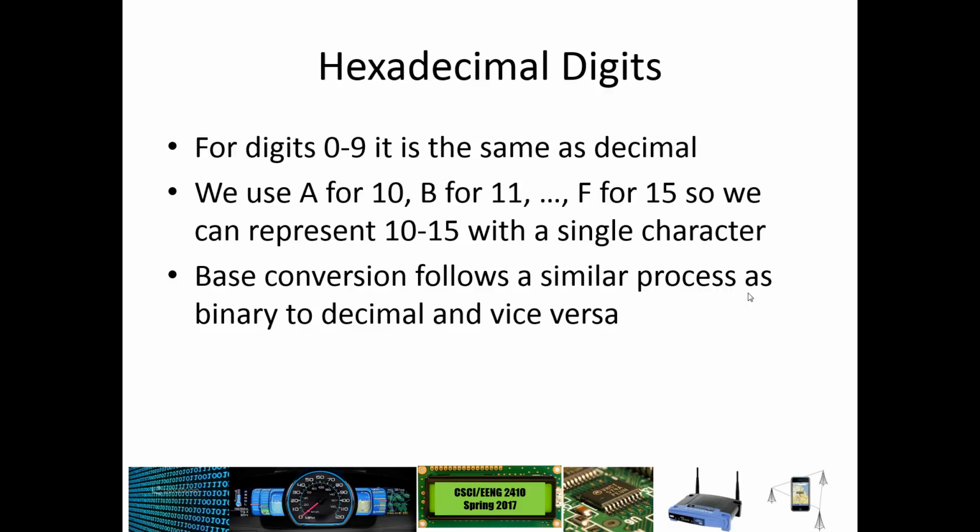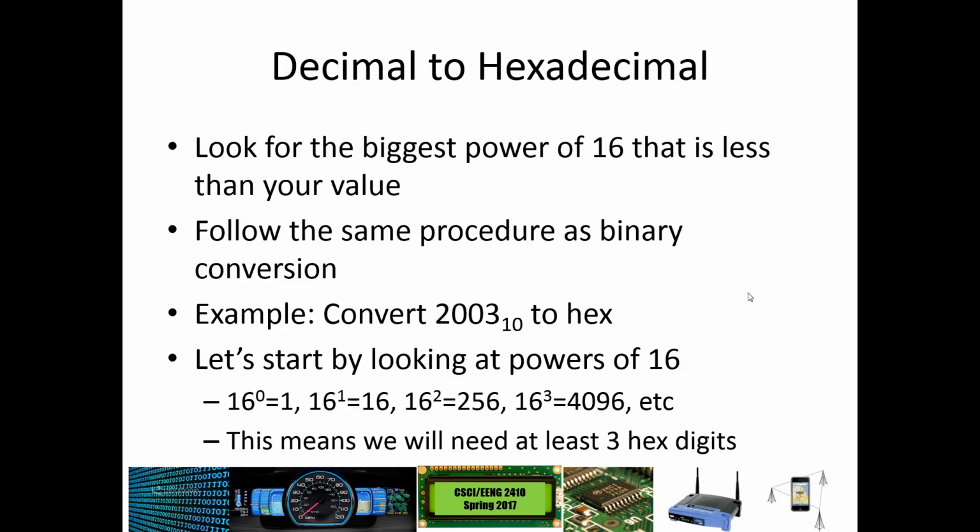And our base conversion actually follows a very similar process. In this case, you look for the biggest power of 16 that's less than your value, or less than the remainder after you've already taken some away. But in this case, you have one extra step. You want to know how many times you can take away that power of 16 from the remaining value.